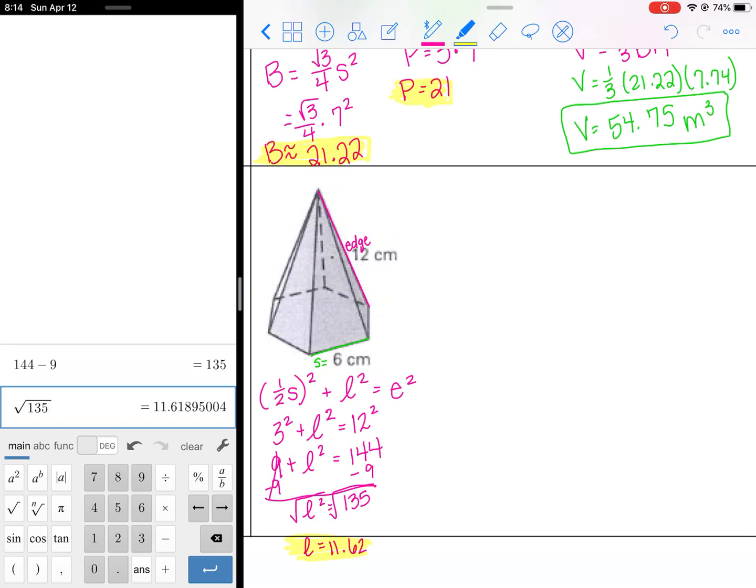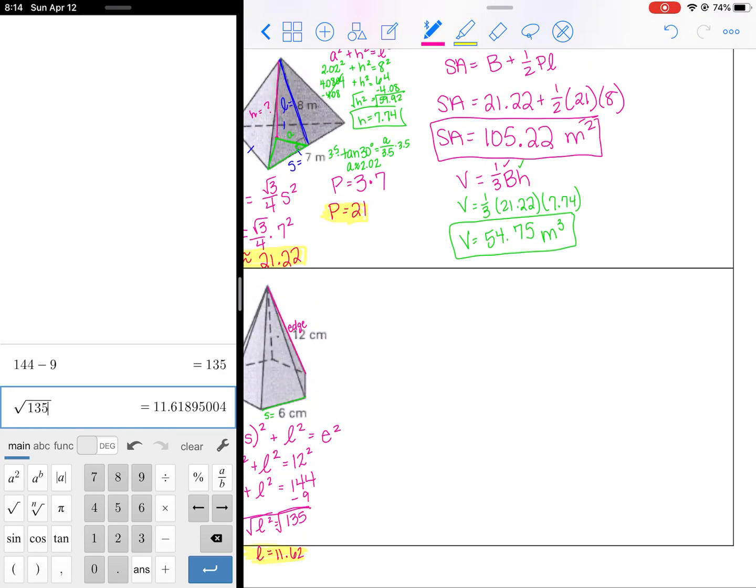Now, to take a look back at our surface area formula, just so we can keep track of the pieces we have and the pieces we need. So the base plus 1/2 perimeter and the slant height. So now I have the slant height. I need the area of the base and I need the perimeter.